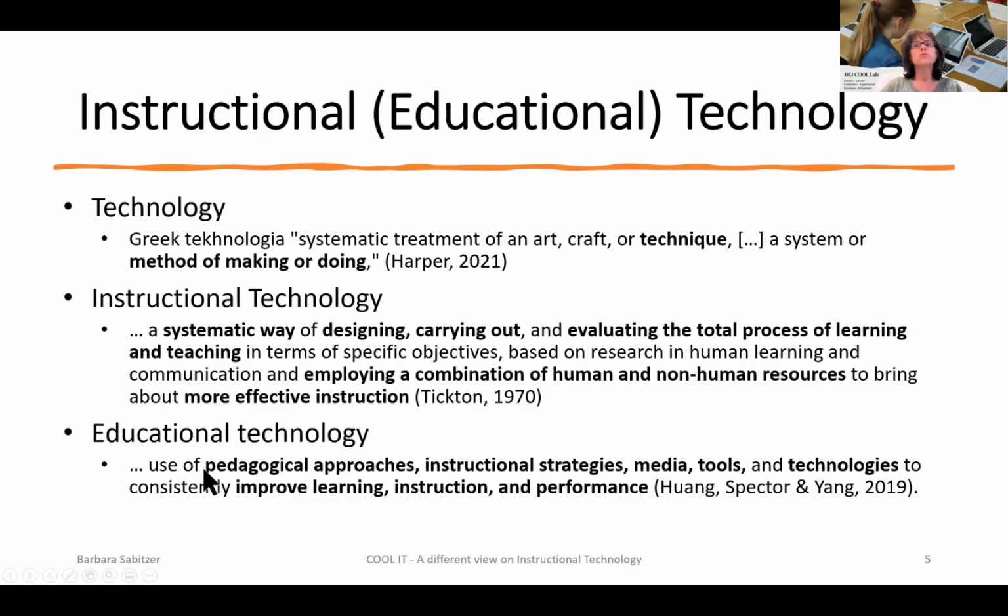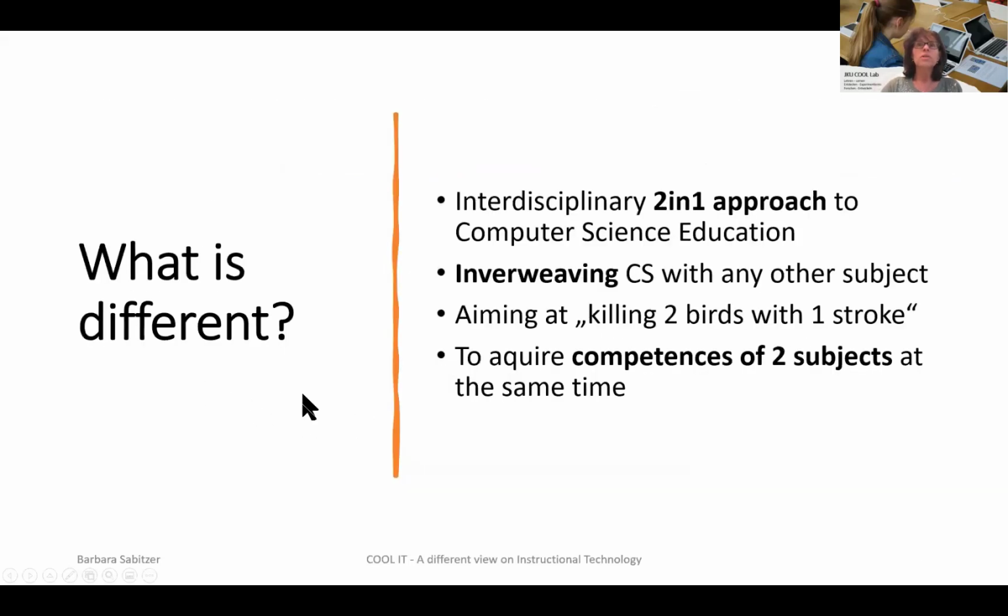What we use in our work is this definition of educational technology. For us, it is the use of all pedagogical approaches, instructional strategies, media, tools, and technologies to consistently improve learning, instruction, and performance. So what is different to other authors and researchers who are dedicated to instructional technology?